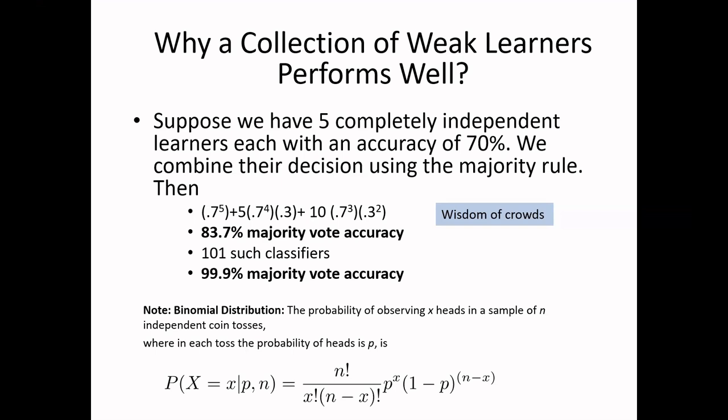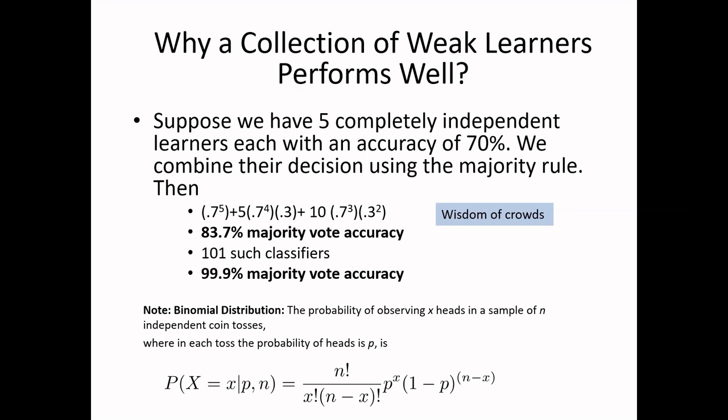One can take those 32 possibilities and figure out in how many cases we have 3 ones, 4 ones, 5 ones, and so on, and what the resulting vote will be. We know the probability of getting a 1 is 0.7 because we are saying 70% accuracy. Based on that, one can do the calculations as I have shown you here.